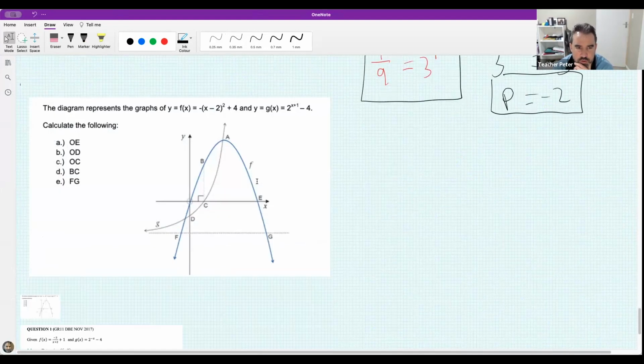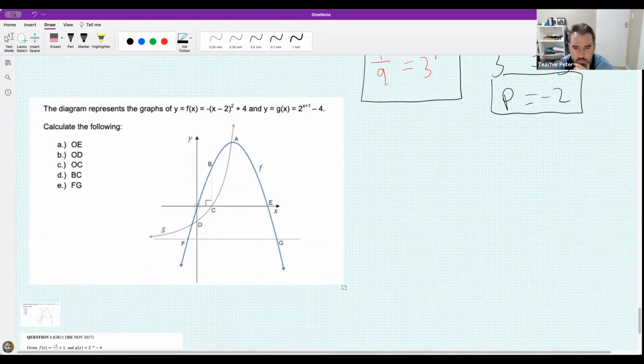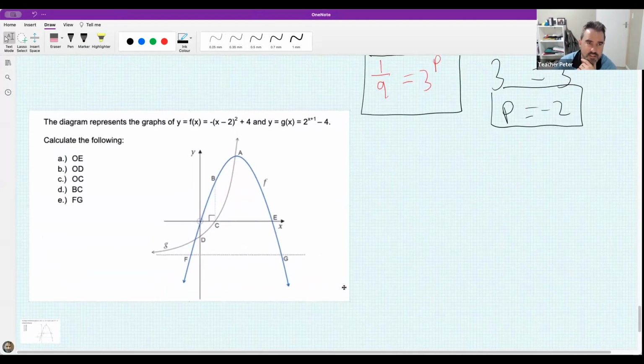Okay, so let's have a look at this one. This one is a past exam question, and it says the diagram represents 2 types of functions. This one and this one. What are the 2 functions that they are dealing with in this question?